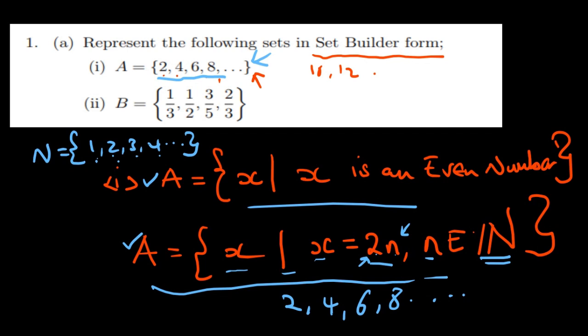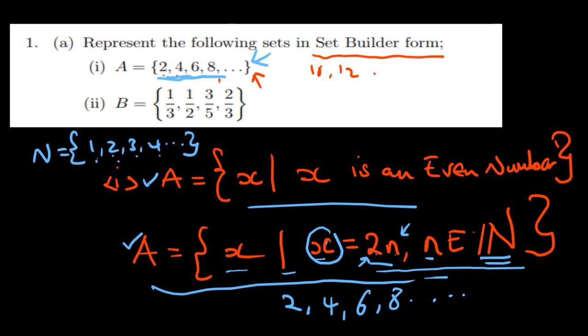So this form here is also correct because it describes this x as an even number. Another way to think of it: if you are representing sets in set builder form, you are trying to find a formula for the elements that are in this set.